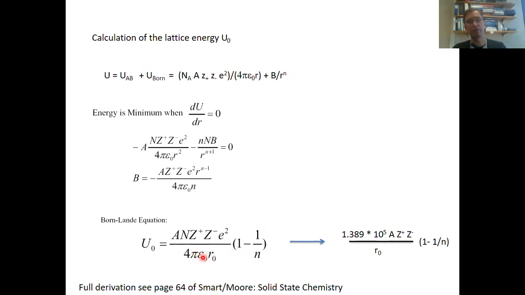So you calculate the explicit value from these constants and arrive at this formula, which is 1.389 times 10 to the power of 5 times the Madelung constant, which still depends on the lattice type, times C plus times C minus over r0 times 1 minus 1 over n.